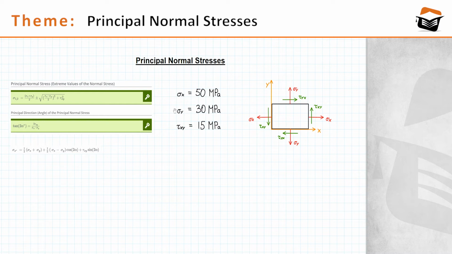And the angle at which the normal stresses attain their maximum, so that they become principal stresses, is computed with the help of this equation. The tangent of 2 times alpha star is equal to 2 times tau xy divided by sigma x minus sigma y. Once we have calculated the angle, we need to know somehow which principal normal stress corresponds to sigma x and which one to sigma y.